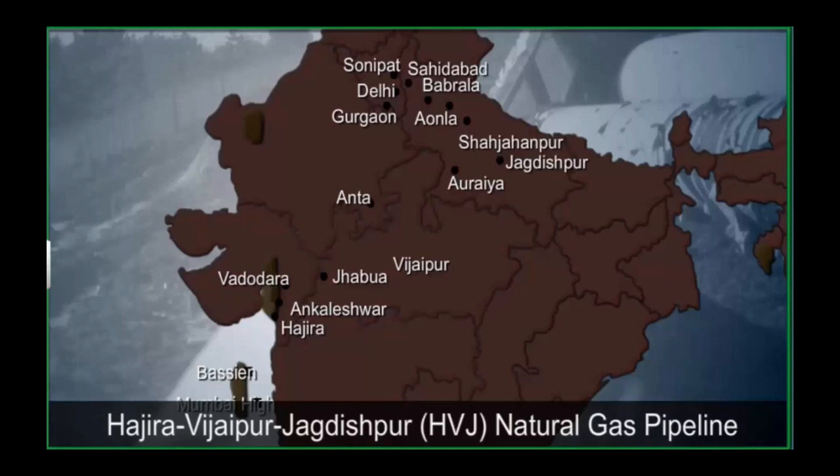Thus, the natural gas fields in Mumbai High and Bassein are linked to the power and fertilizer plants in western and northern India by the 1,700 km long Hazira Vijaypur Jagdishpur or HVJ natural gas pipeline.